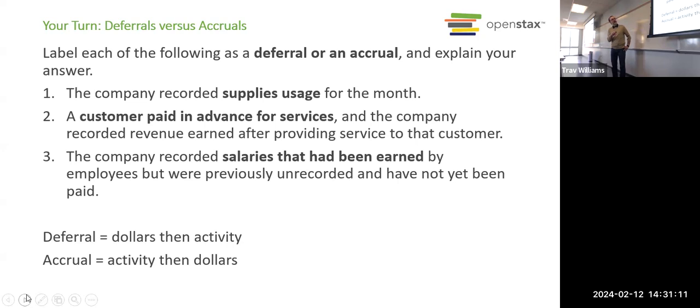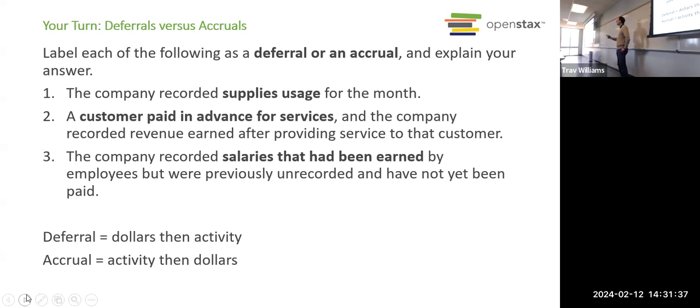How about this second one here? A customer paid in advance for services. Did the dollars happen first or the activity? Yeah, the dollars happen first. So again, it's a deferral. The third one, the company recorded salaries that had been earned but had not yet been paid. That's accrual, right?